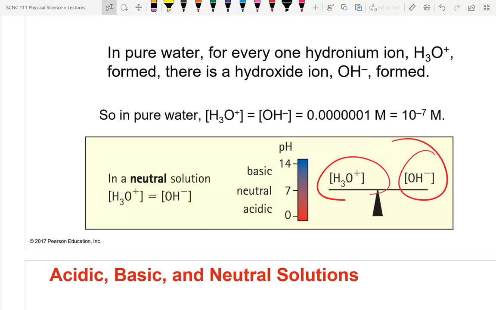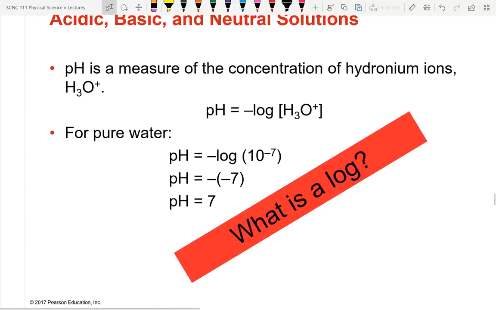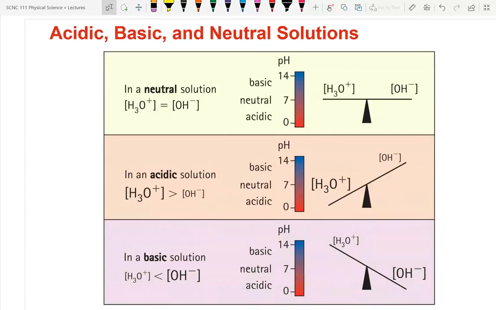When you have the reaction go, you either form more of one or more of the other. If it's acidic, you'll have a higher concentration of hydronium. If it's basic, you'll have a higher concentration of hydroxide.